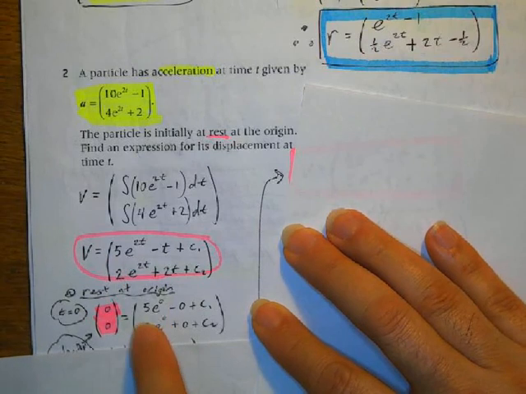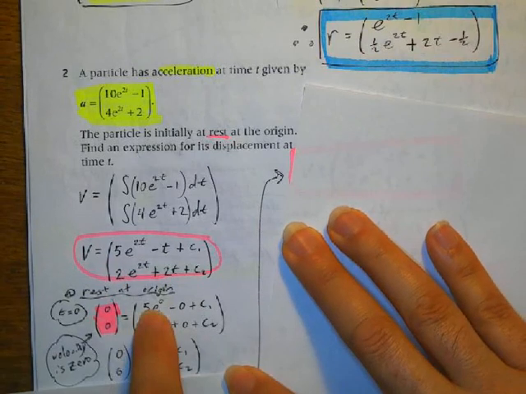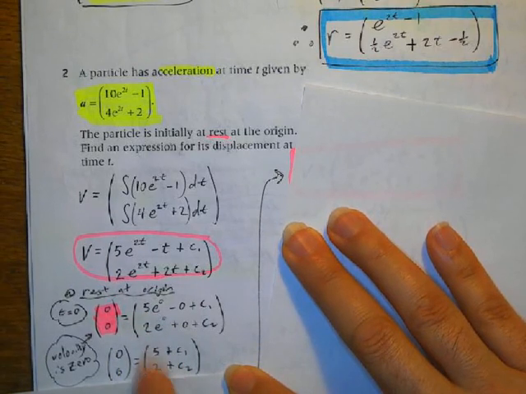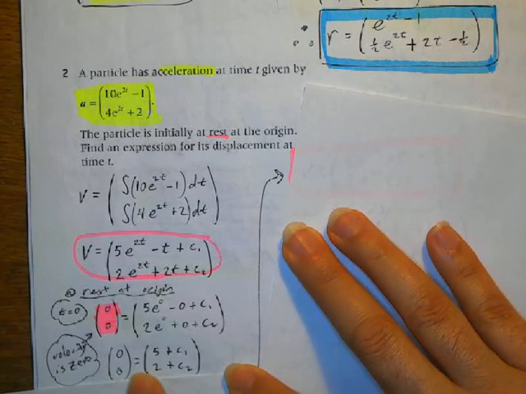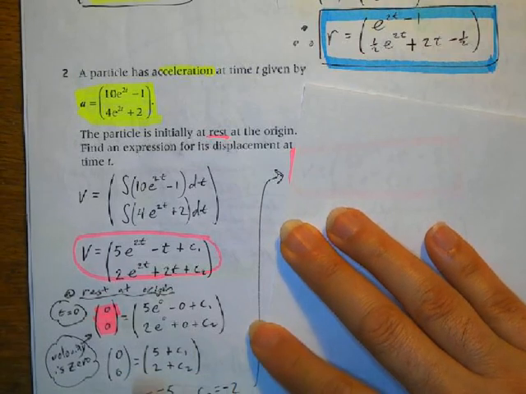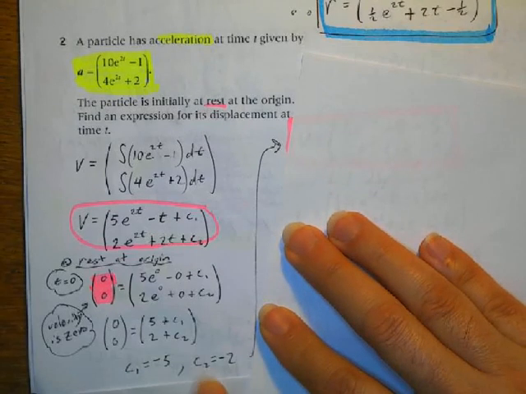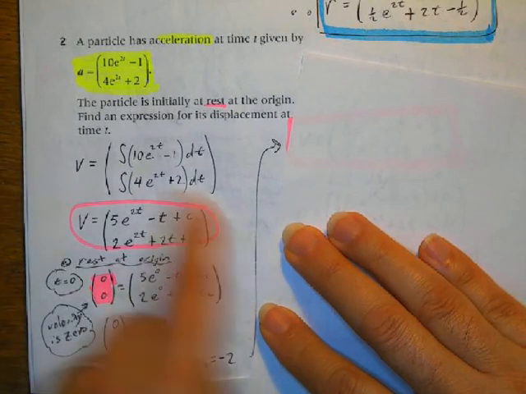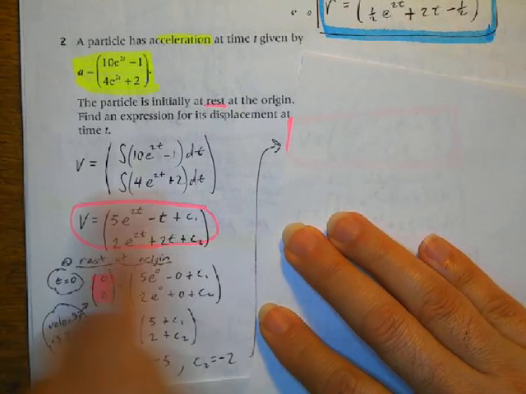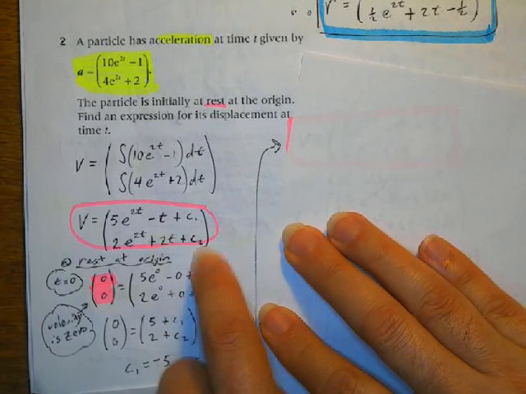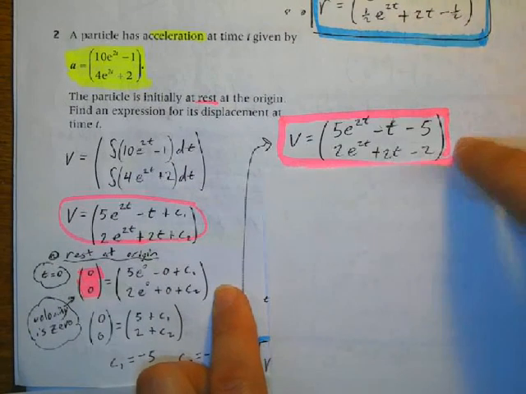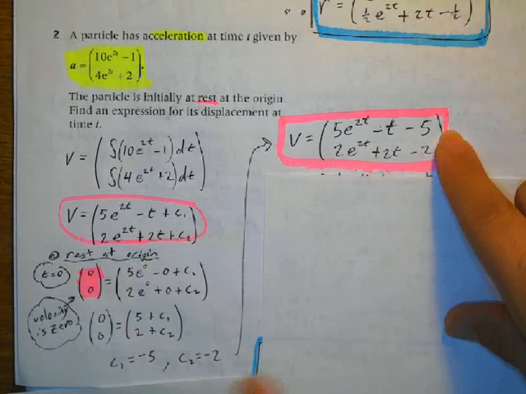So I end up with 5 and 2, because e to the 0 is 1. And so now I know that c1 has to be negative 5, and c2 has to be equal to negative 2. Okay, so I'm going to take this velocity vector and replace c1 and c2 with negative 5 and negative 2.